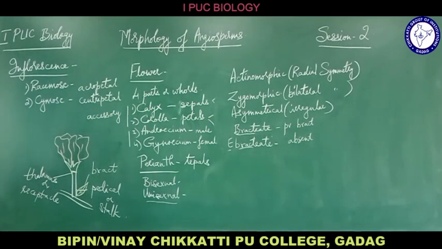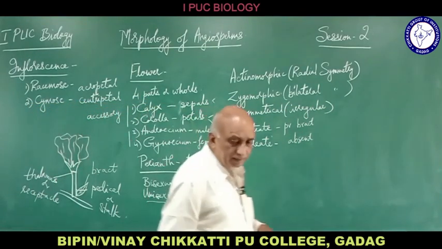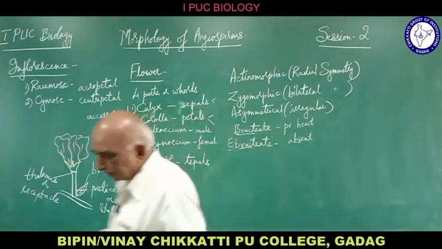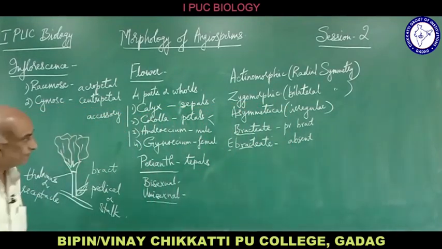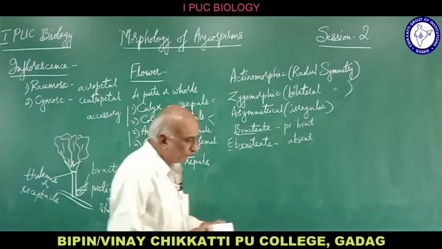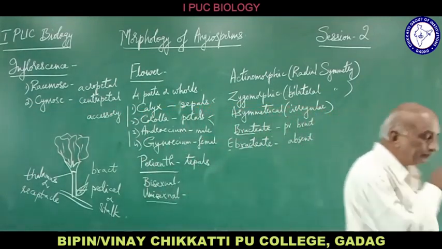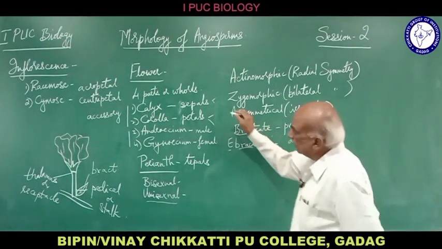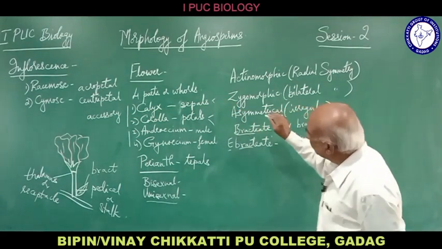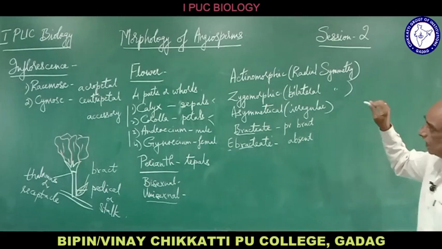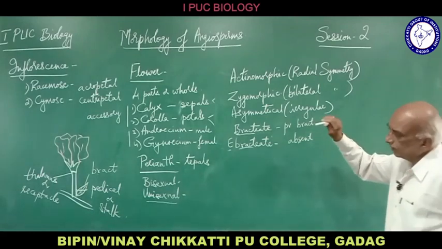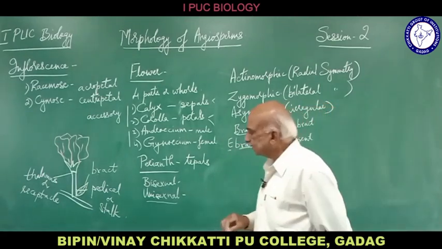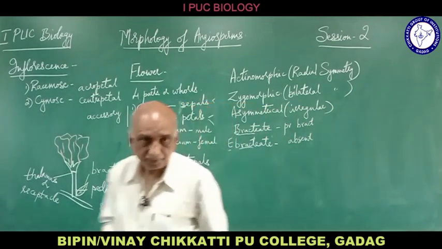Then if you come to the next part of this aspect, related to the calyx and corolla, we have certain aspects to study here. Now before that, for this actinomorphic, zygomorphic, perianth and all that, there are certain symbols which are used.